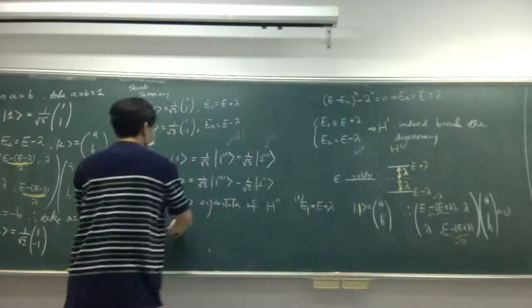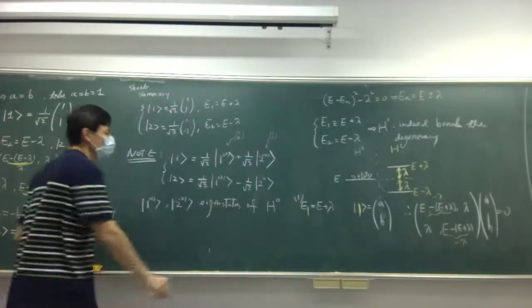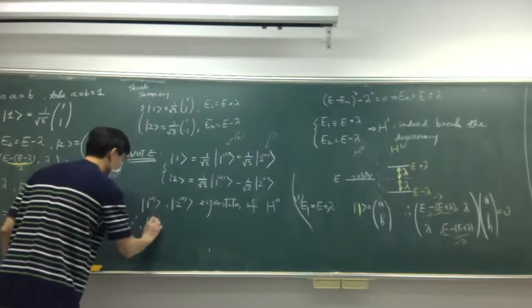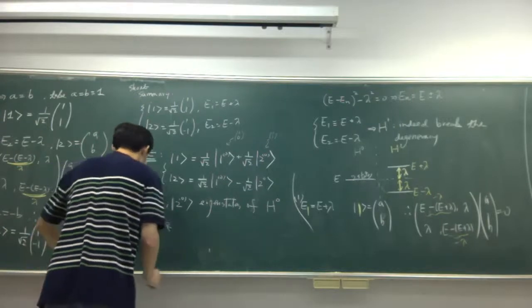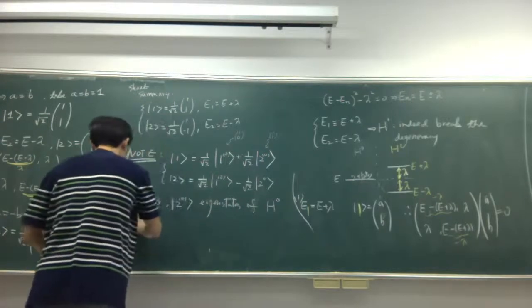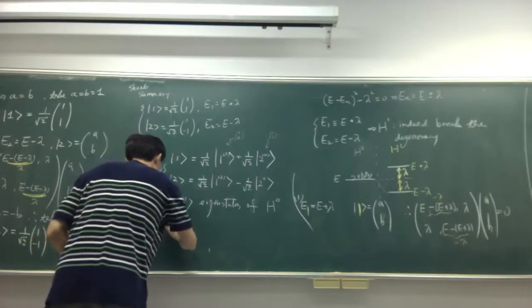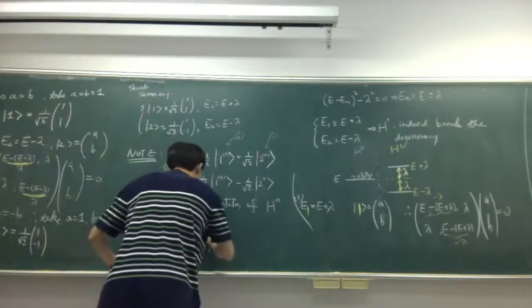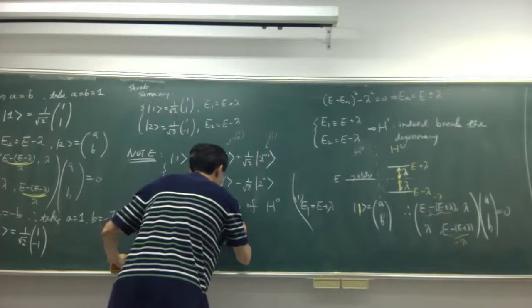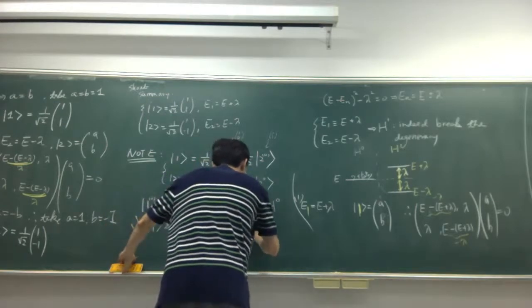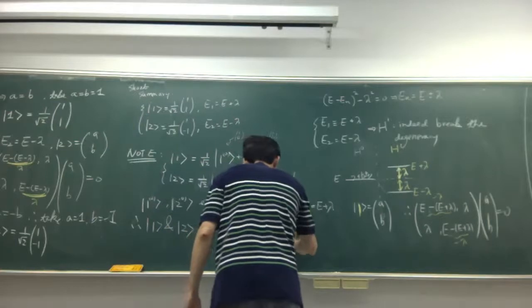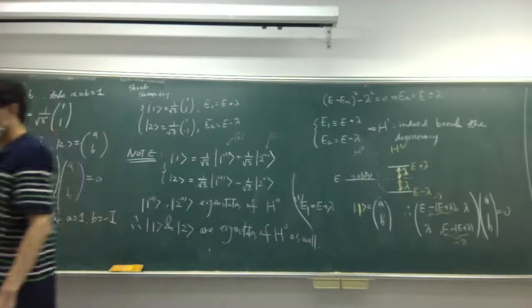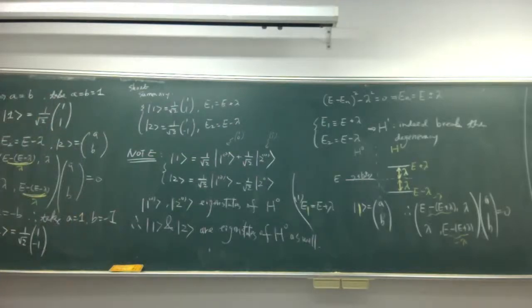Because these two are eigenstates of H0, which means |1> and |2> are eigenstates of H0 as well.